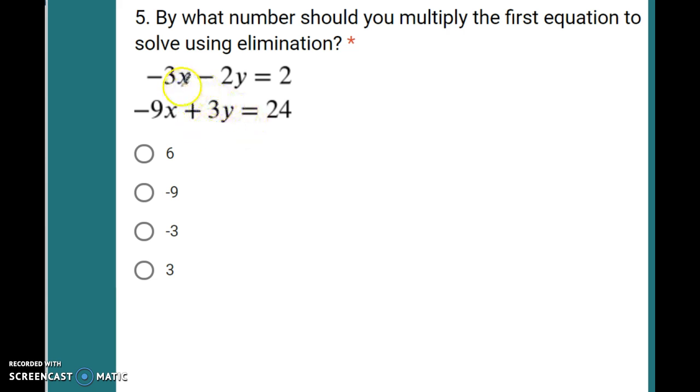However, if I multiply the top equation by negative 3, that turns the number in front of x into positive 9. Since the number in front of x in the bottom equation is negative 9, that's perfect because then those would eliminate. So the answer there is negative 3.